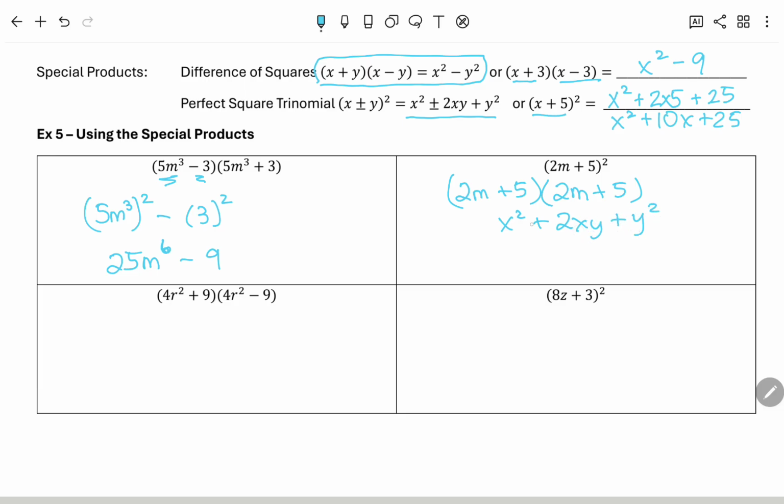I put my plus in there because I see my problem has a plus. So I'm going to take the 2m and square it, plus 2 times 2m times 5, plus 5 squared. Now I'm going to actually simplify that down. So 4m squared plus 20m plus 25. Okay, see what you can do.